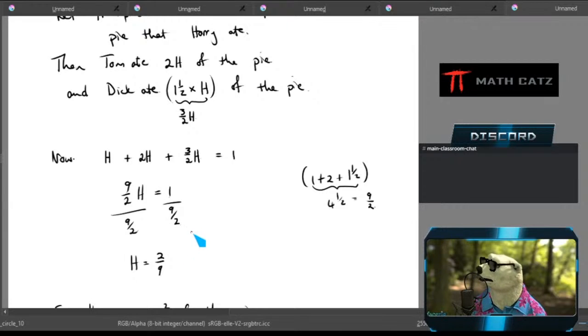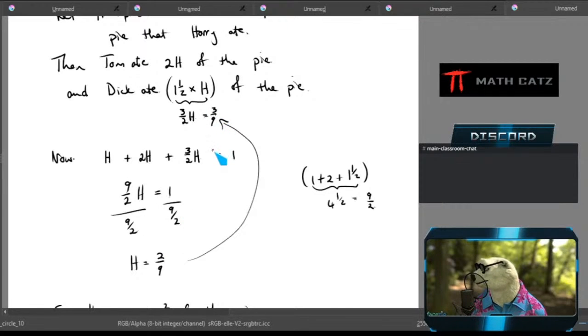So there are different ways to go about this. Let's just go up here where we have the space. I don't want to do a calculation in my concluding sentence. I just want to say the answer. 1.5 times 2/9 is going to be 3/9, because I take the 2 and then another half of the 2 is 1, so 3/9.